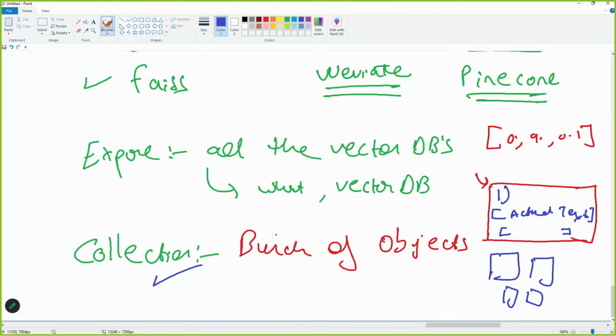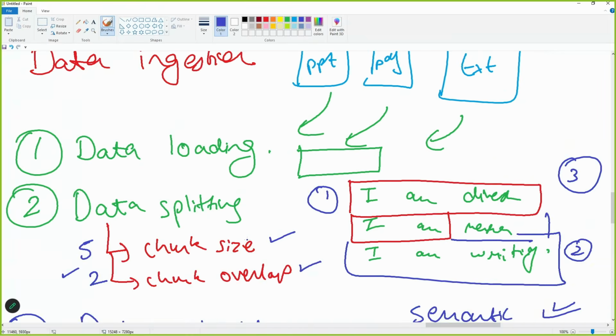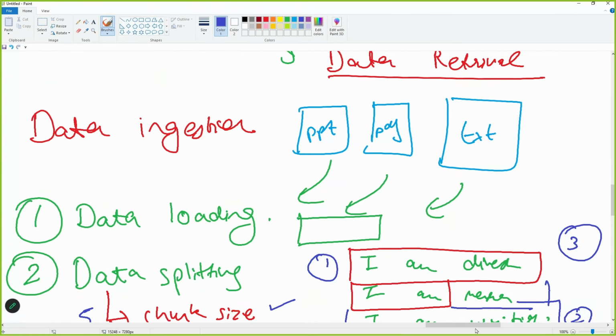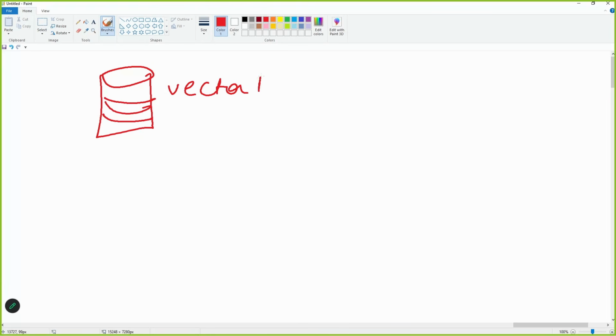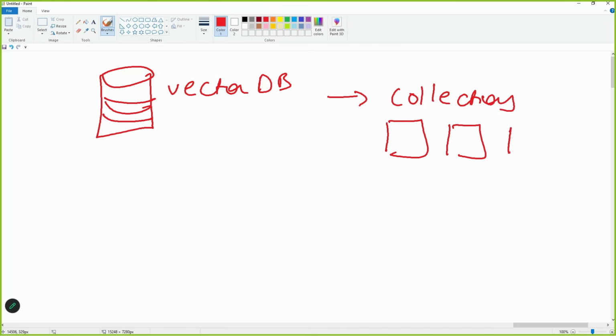Now, given this, we know the data ingestion pipeline. Now let us talk about the next pipeline. Currently, we have a vector database which has stored collections of our data, and one collection has multiple objects.